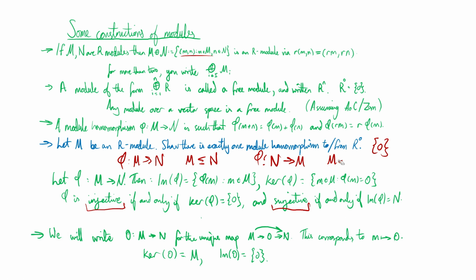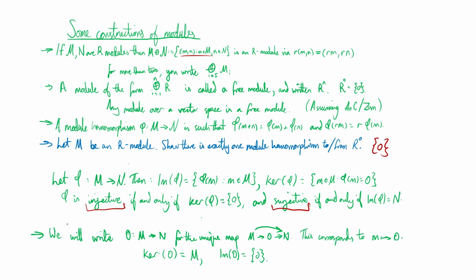And we will quantify how to do that in the next slide. So, remember, the kernel of 0 is everything, because everything gets mapped to 0, and the image of 0 is 0, because 0 is the only thing mapped to.